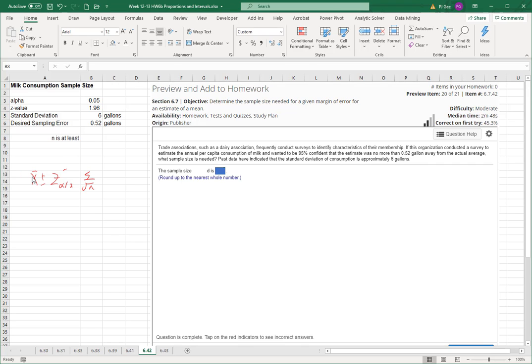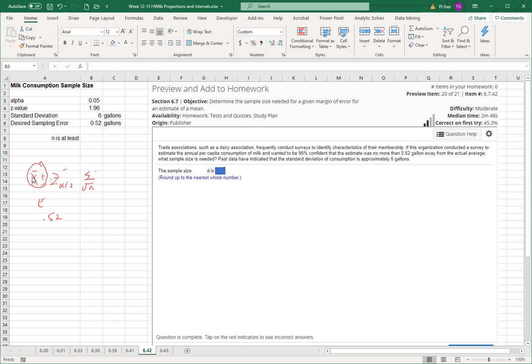Okay, so we have this, and this being the error, we don't really care about the mean right now. We want to know the error. It's x plus or minus the error, and the error is 0.52.